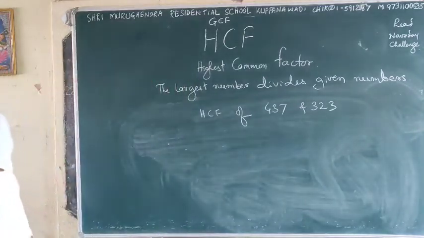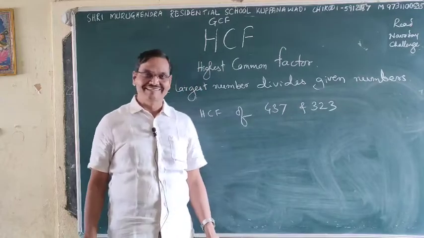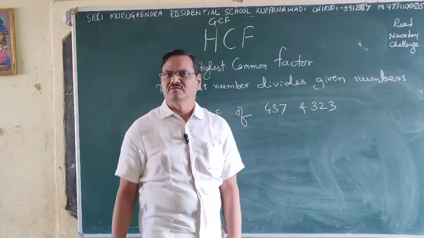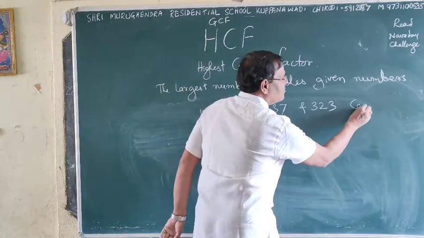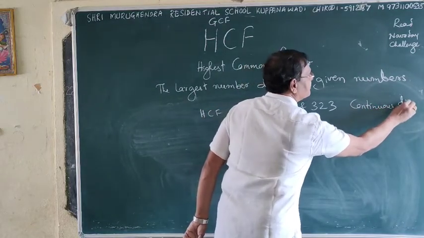It is the best example for the prime factorization method, isn't it? Because the prime factorization method won't help you. So you need to go for the continuous division method.